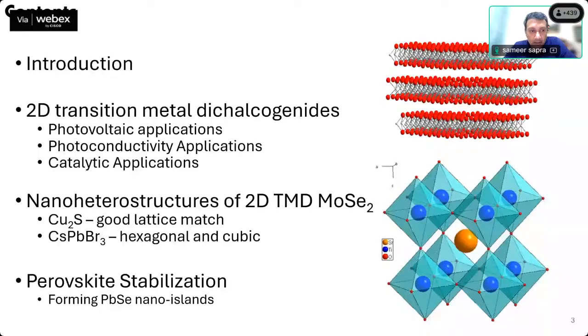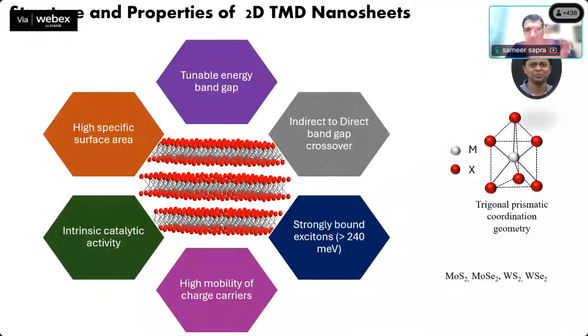So I'll not go through the contents. I'll just tell you something about the 2D transition metal dichalcogenide nanosheets. This work was started by Shamim in about 2016, as I mentioned earlier.